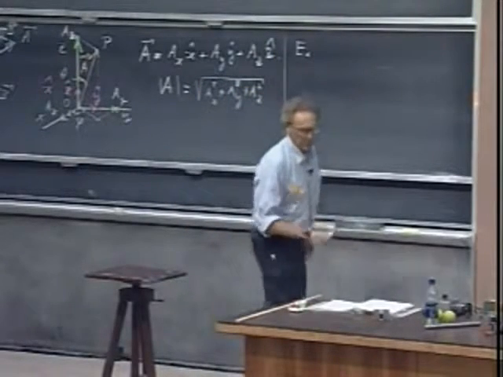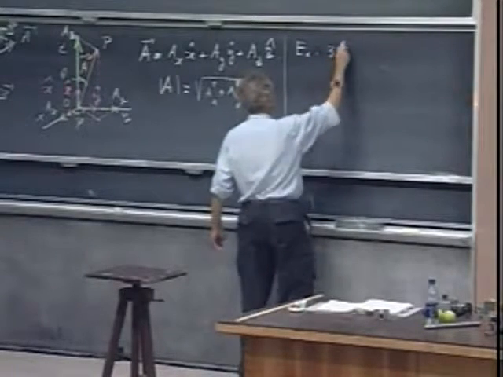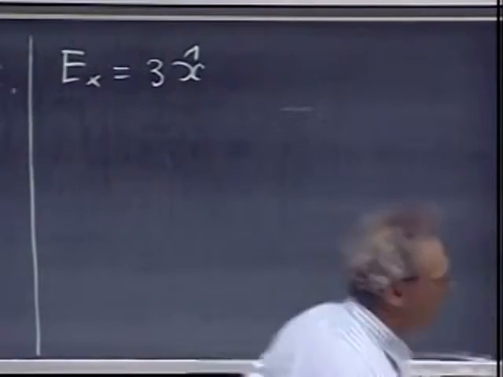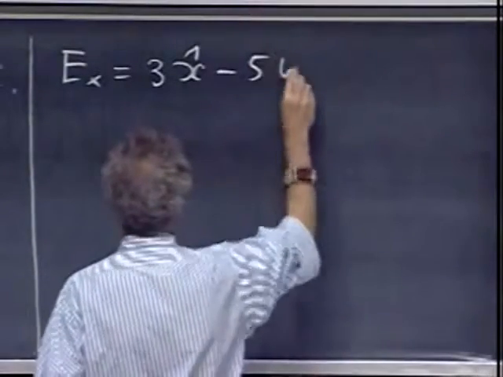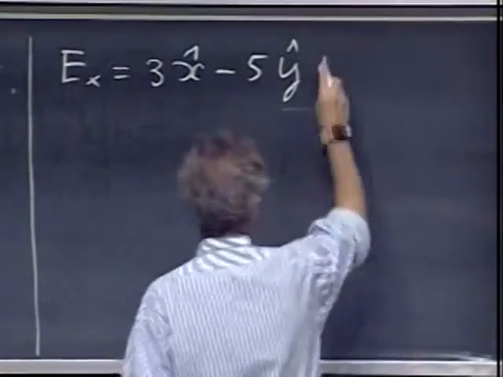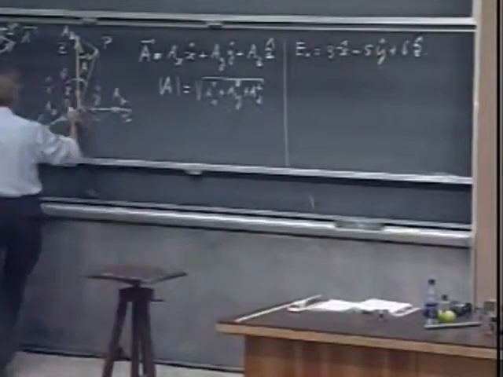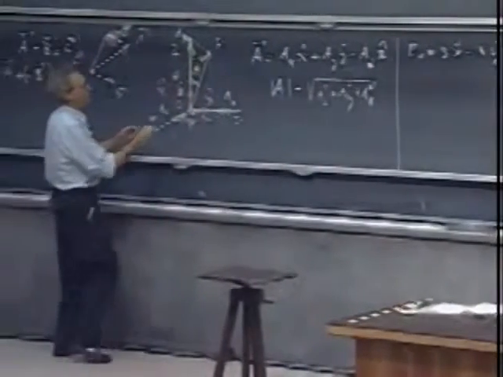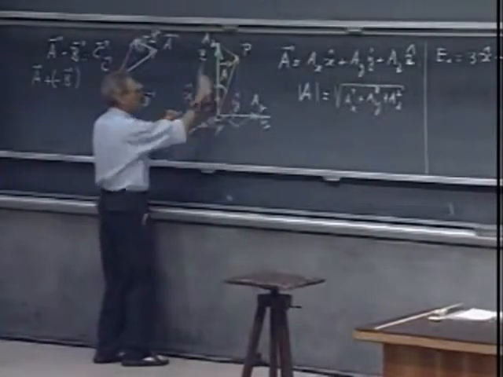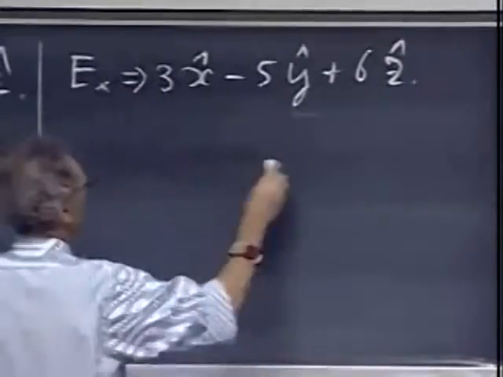For instance, I take a vector A, and we call A 3 x roof, so A of x is 3, minus 5 y roof, plus 6 z roof. So that means that it's 3 units in this direction. It is 5 units in the minus y direction, and 6 in the plus z direction. That makes up a vector, and I call that vector A.